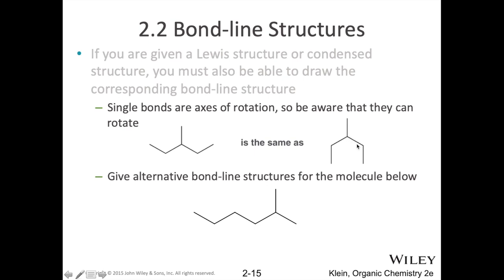If you're having trouble visualizing this, this is where having a molecular model kit comes in handy, where you can play around with this. I highly recommend that, because if you start playing around with models, your brain starts developing that sort of spatial awareness, and then you can start doing a lot of those manipulations in your head.